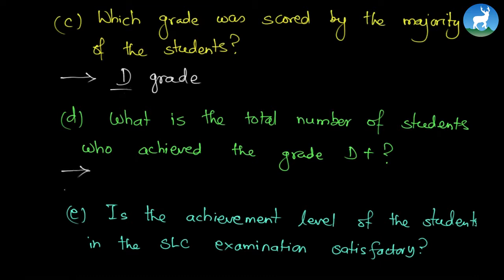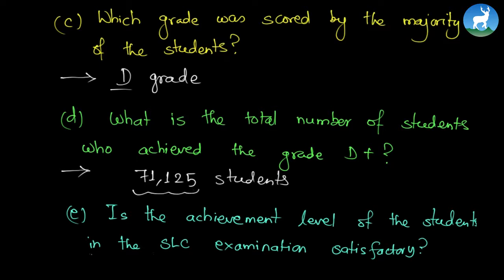Let's look at another question. What is the total number of students who achieved the grade D+? What was it? For that, we need to go back to the table and write the answer. And that is 71,125 students. So these many students got the grade D+.